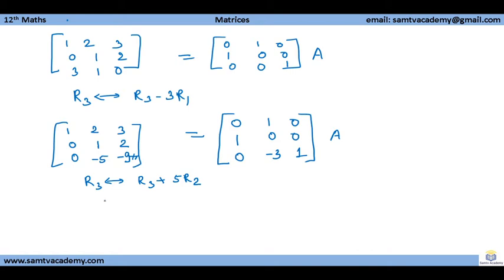Okay, now we will do this operation in this matrix.